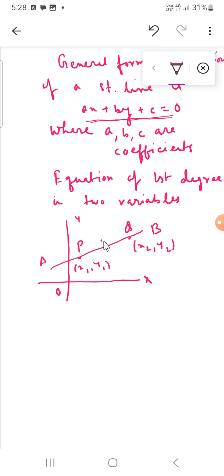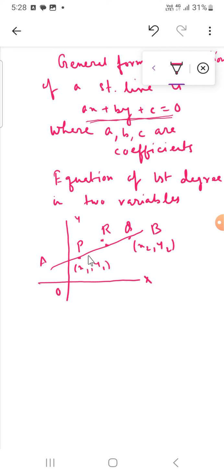R is a random point on the segment joining them.